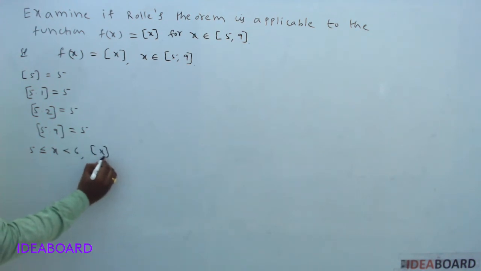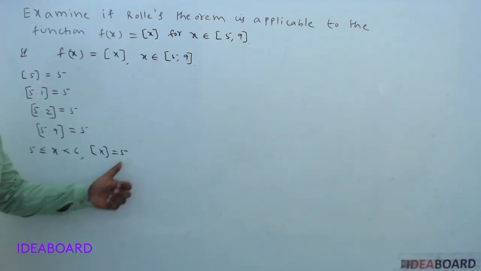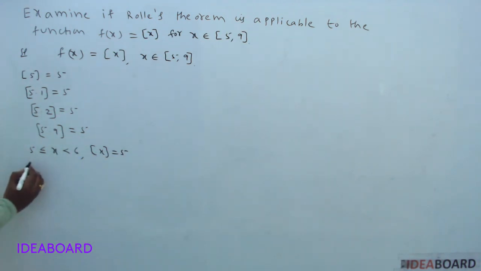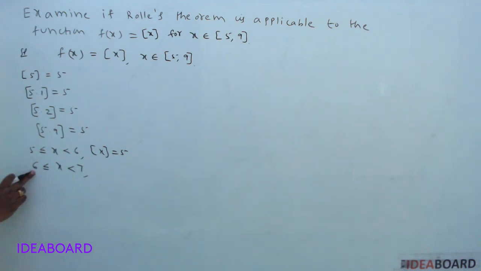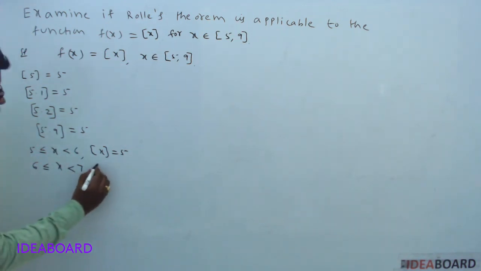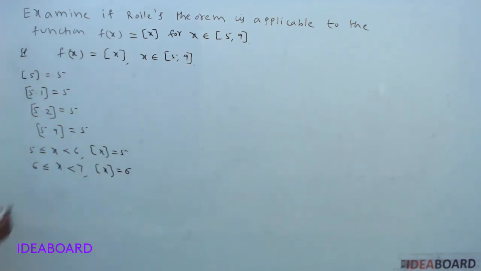It means from 5 to 6, step of x value is 5. See here, 5 less than or equal to x less than 6, including 5, excluding 6, corresponding step of x value will be 5. Similarly, 6 less than or equal to x less than 7: from 6 to 7, including 6, excluding 7, corresponding step of x value is 6.